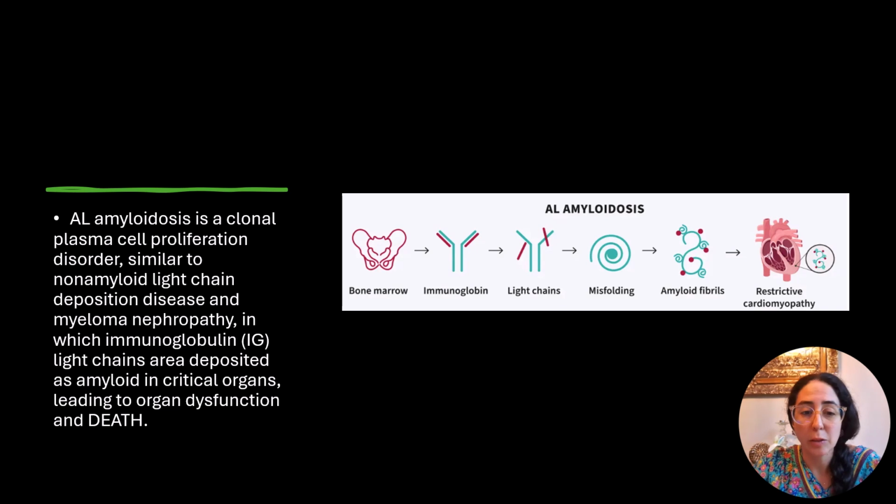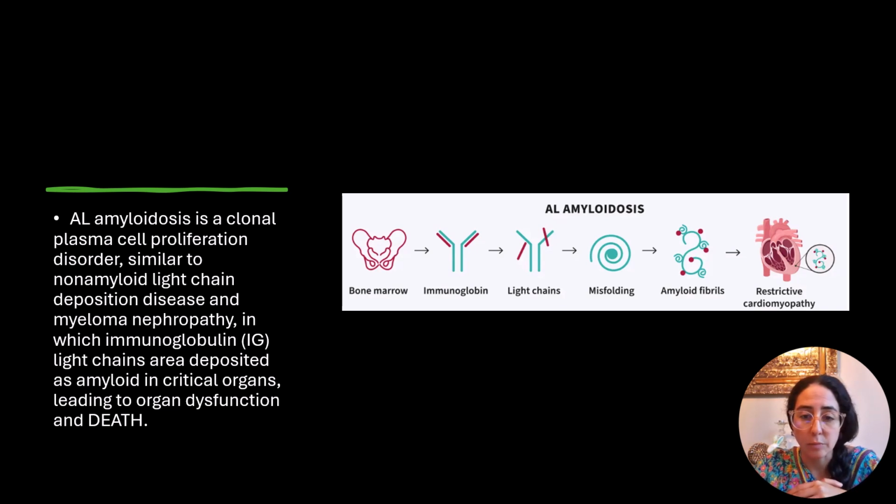So AL amyloidosis is a clonal plasma cell proliferation disorder in which immunoglobulin light chains are deposited as amyloid in critical organs such as the heart or the kidneys, leading to organ failure and eventually death if left untreated. This graph that I added was the most helpful one for me to understand what's going on.